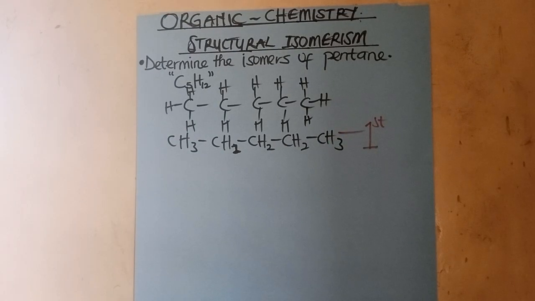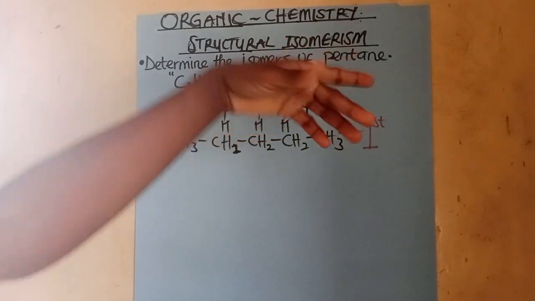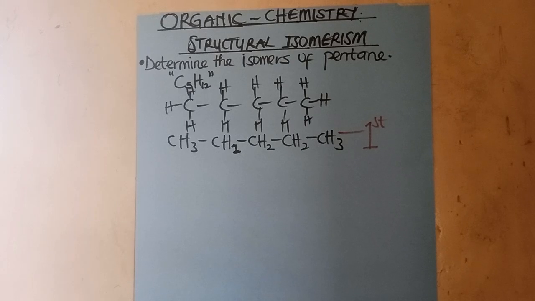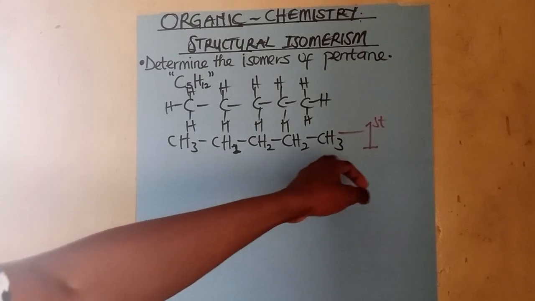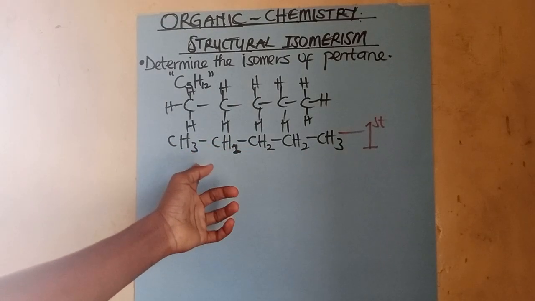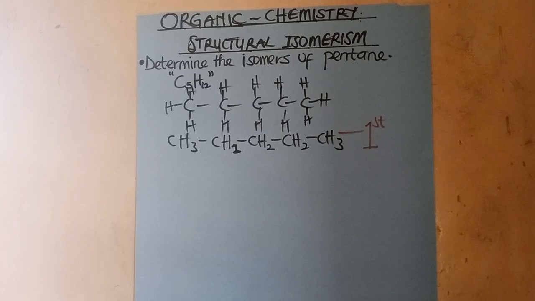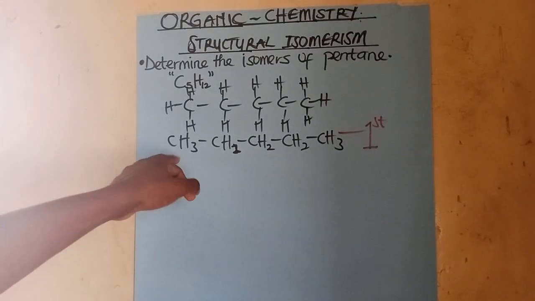If you are given hexane, butane, propane, or others, the first thing for you to do is to draw the structure of that compound, which can be like this and can also be written as CH3, CH2, CH2, CH2, CH3 without putting the bond. You are still writing the same thing. Now, the next thing for you to do in order to determine the second isomer of pentane is, let me say, to what?